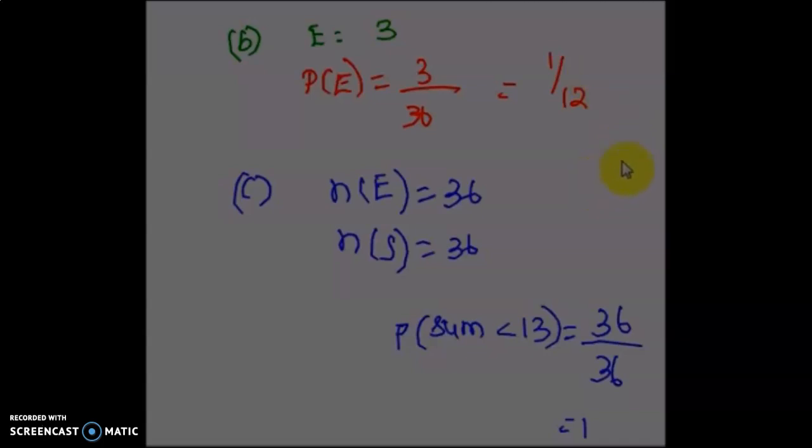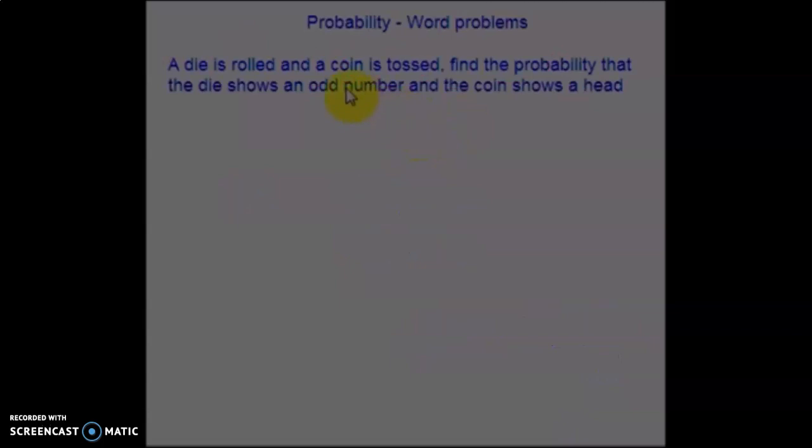When the probability is 1, it means certain to happen, or 100%. So the probability of sum less than 13 is 36 divided by the total outcomes, which are also 36, which will give us 1. You can answer if different questions are asked. So the important thing is you should know the total sample space too.